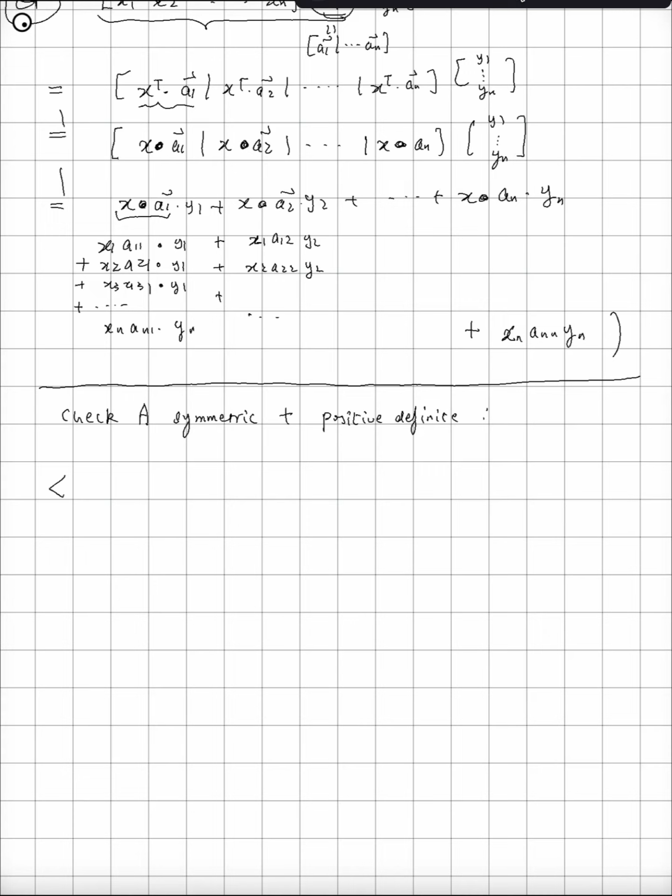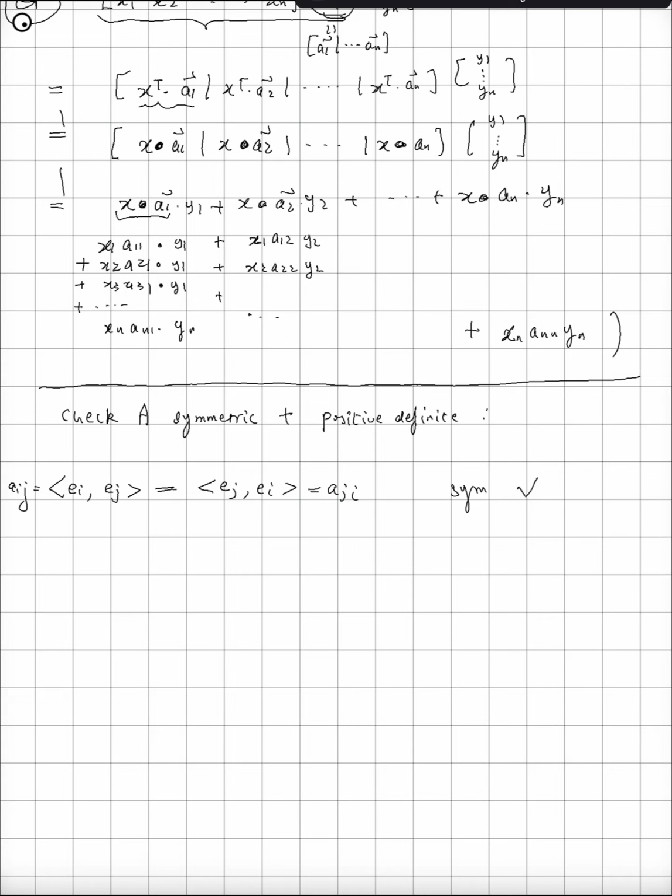First, the symmetry is easy, because a_ij equals e_i inner product with e_j, which by the axiom of inner product must be symmetric with respect to position, and so this is also a_ji, so it's symmetric.